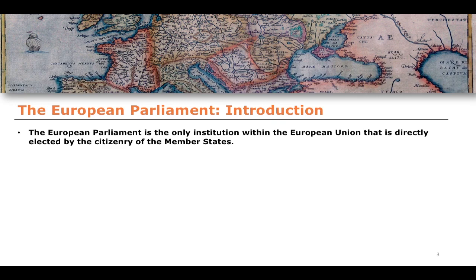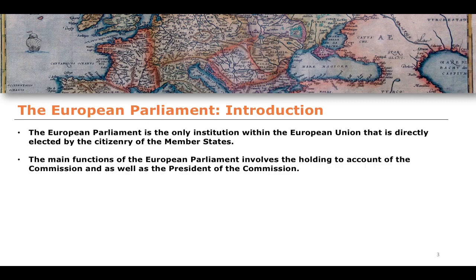So, one of the things that is important to note about the European Parliament is that it is the only institution within the European Union that is directly elected by the citizenry of the member states. You will have European parliamentary elections at very regular intervals if you are in a member state that is a part of the European Union.